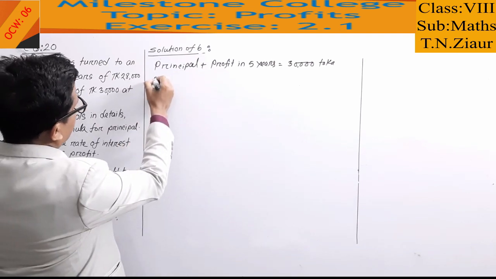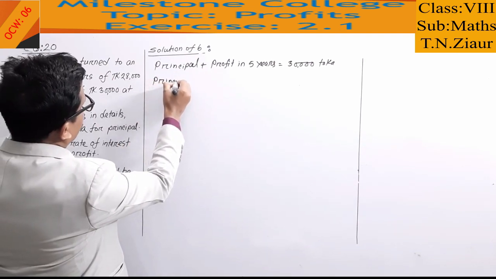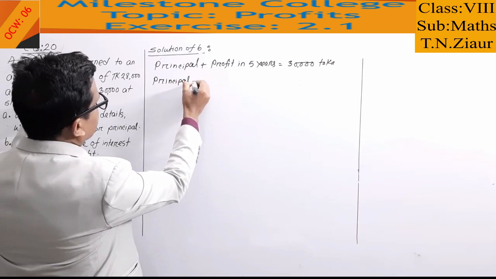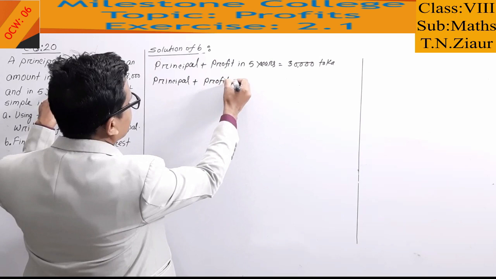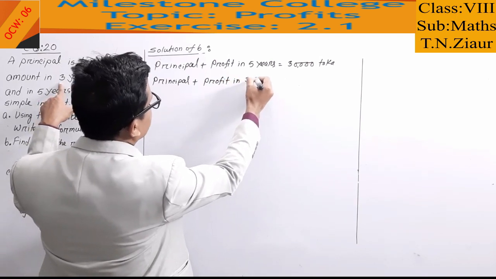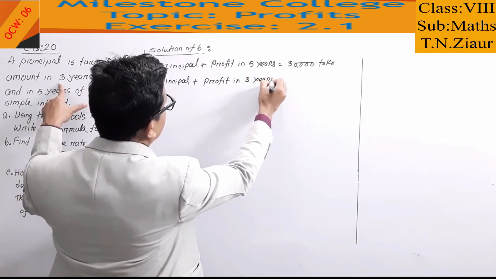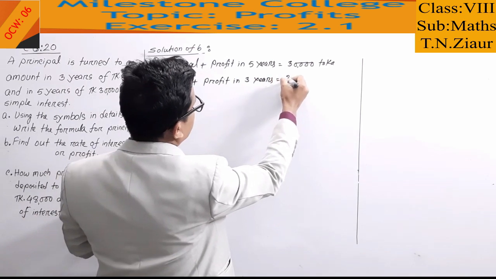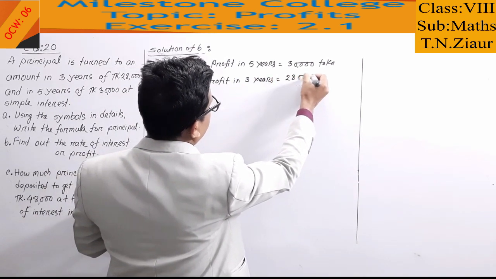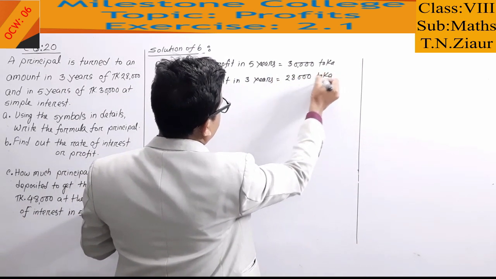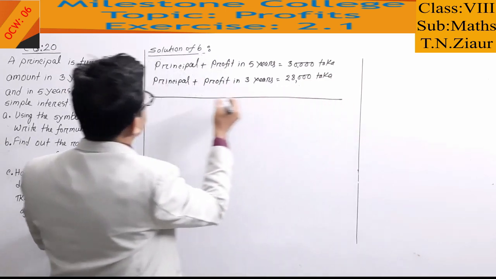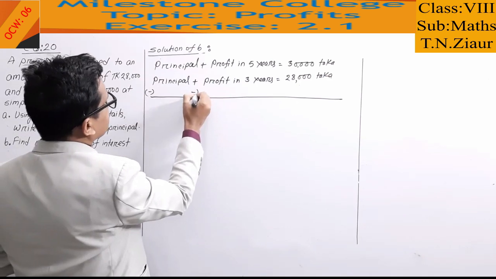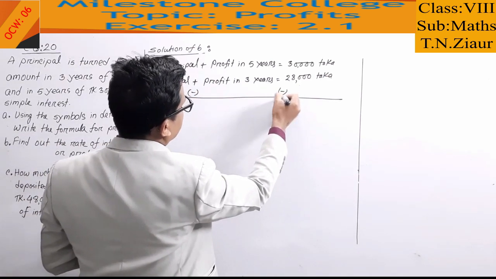Now the first one, that means 3 years. Here given also principal plus profit in 3 years is equal to 28,000 taka. Now we have to subtract, then the sign will be changed.